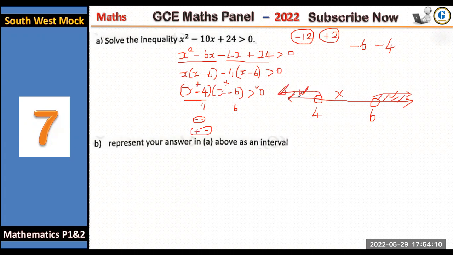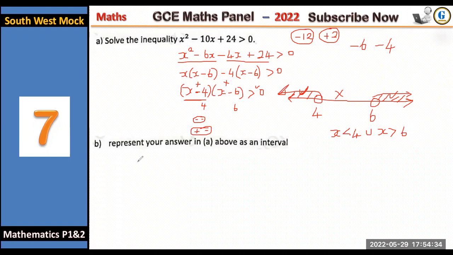So you can write your solution as x is less than 4 union x is greater than which number? 6. Greater than 6.